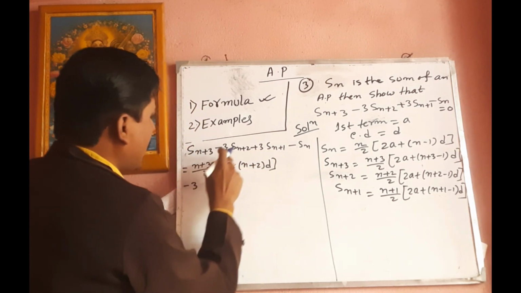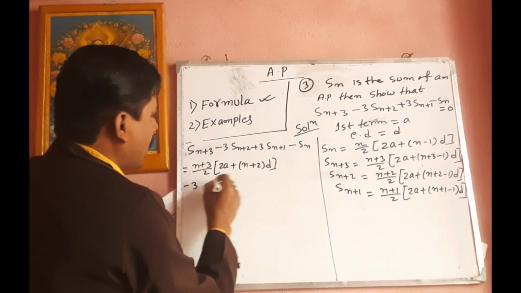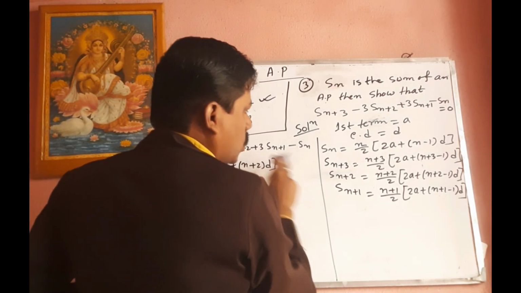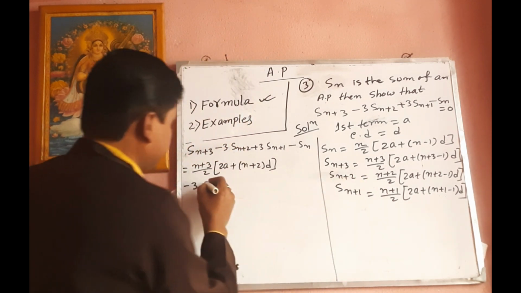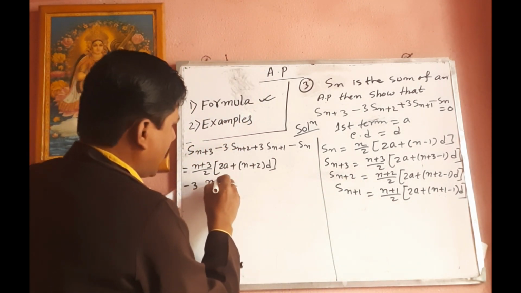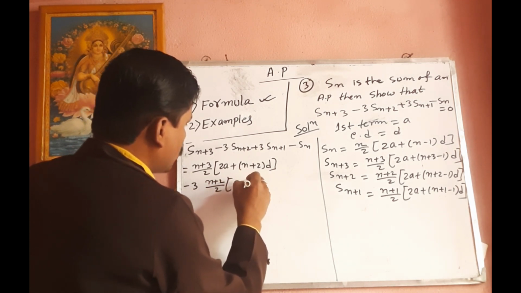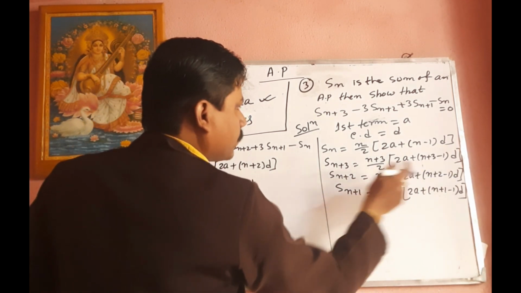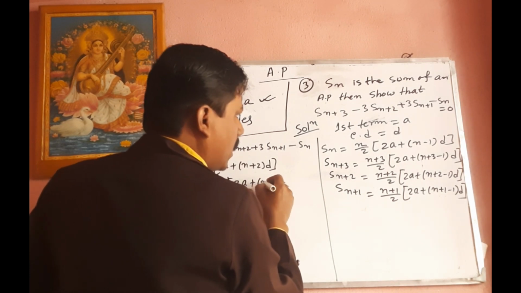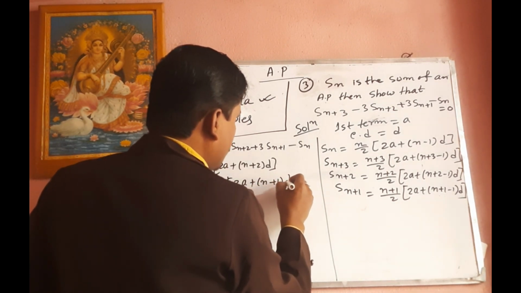Similarly, minus 3 times S(n+2), which is (n plus 2) by 2 multiplied by (2a plus (n plus 1) times d).